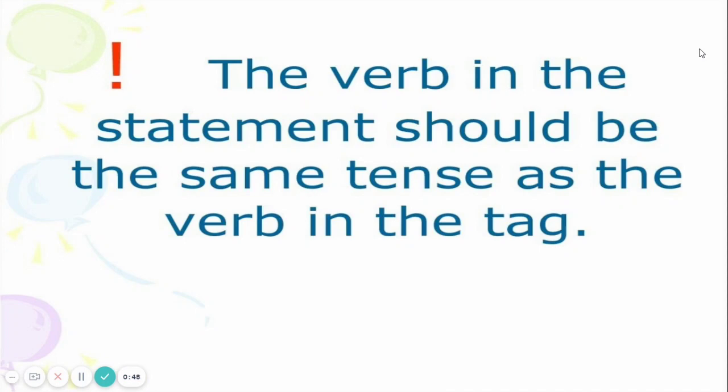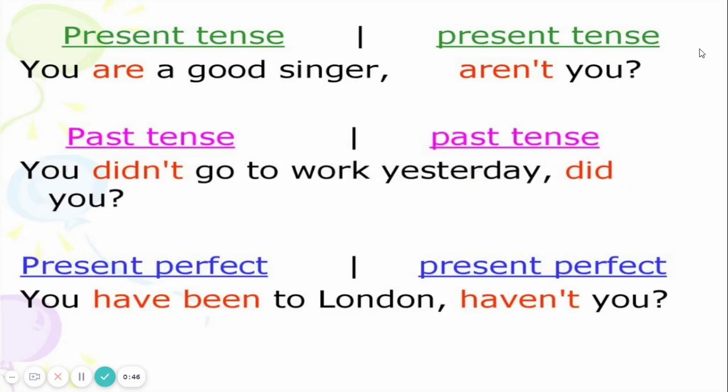Okay. And an important thing is, before you end a statement, if you can see here, right, present tense, present tense, they are separated as present tense. You are a good singer. Here are is a verb, right?